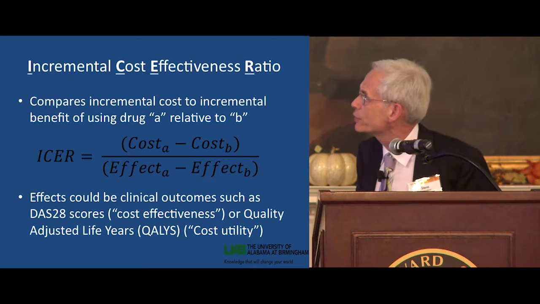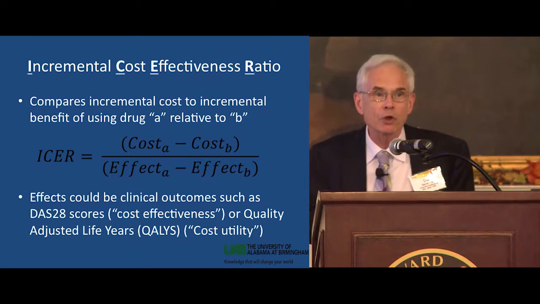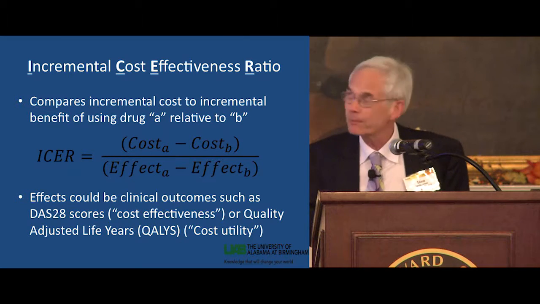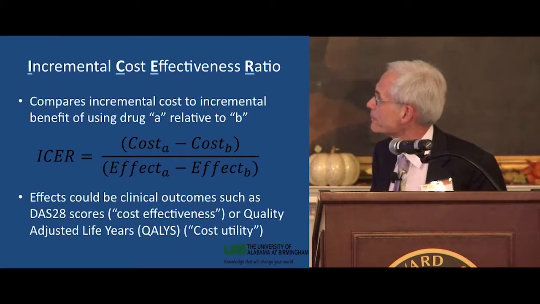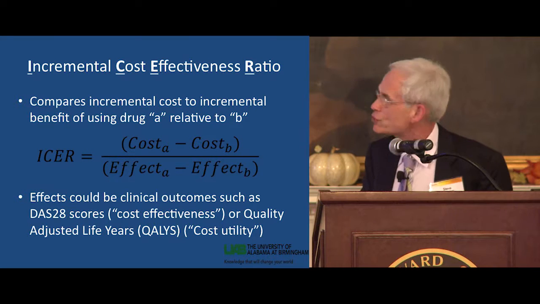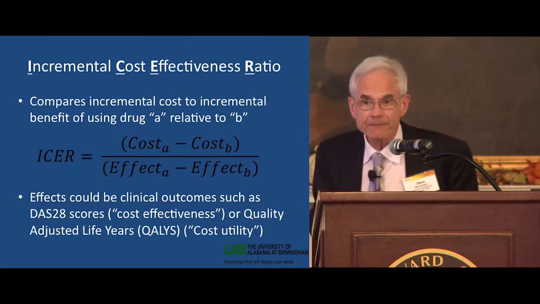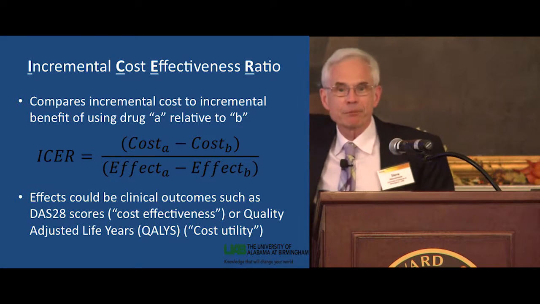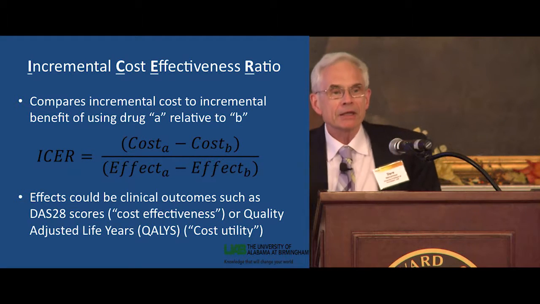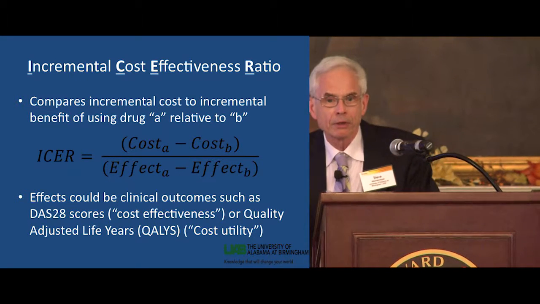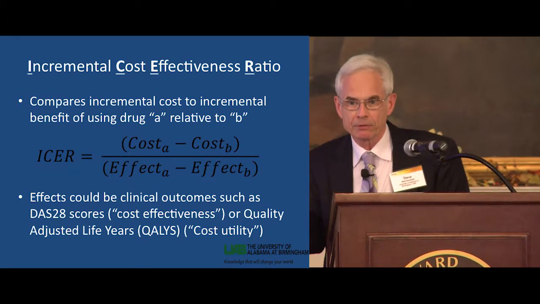We frequently in this work use what's called the incremental cost-effectiveness ratio. And that typically compares the change in cost between drug A relative to drug B. Now you notice on the slide this blank area here. In economics, we believe in the important power of the invisible hand, right?